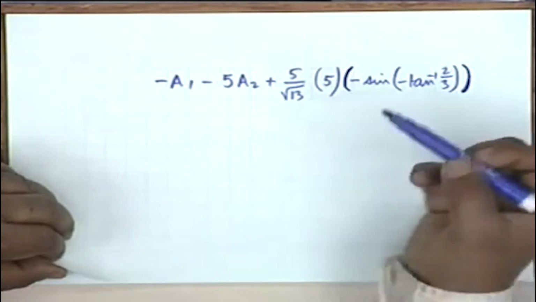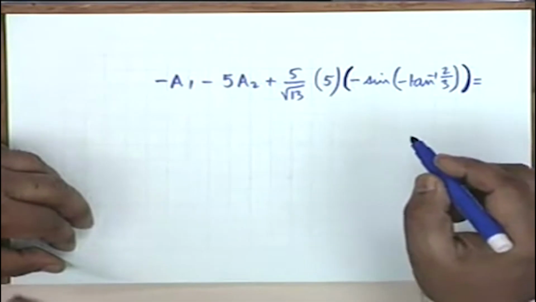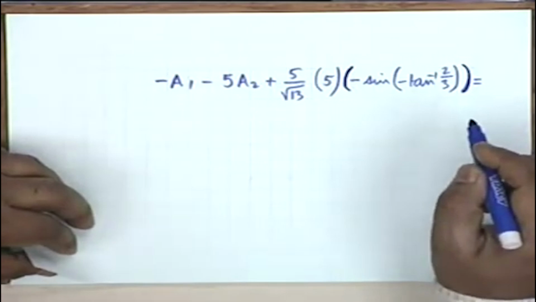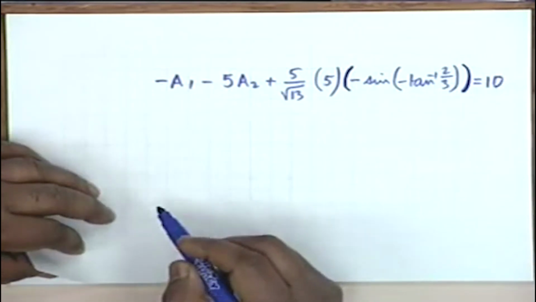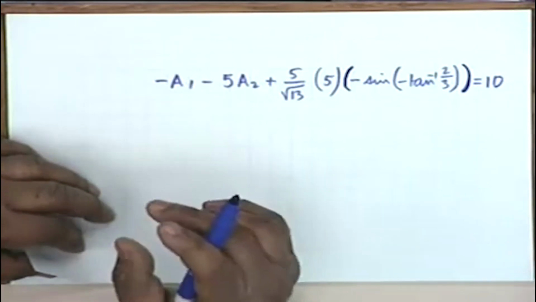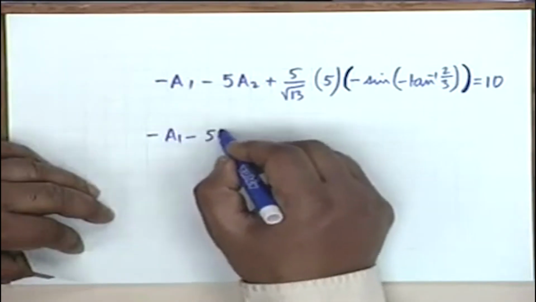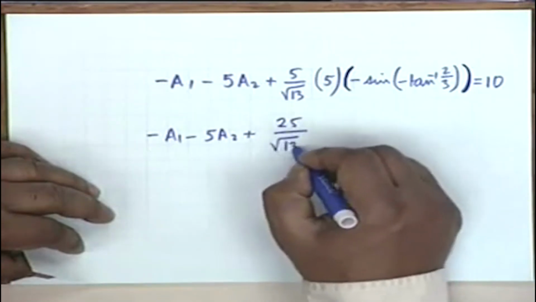Now see how this simplifies. This should be equal to how much? 20 by L, and what was L? 2, and therefore 10. The initial conditions must be identified properly and utilized properly. What I get is minus A1 minus 5A2 plus 25 divided by square root 13.